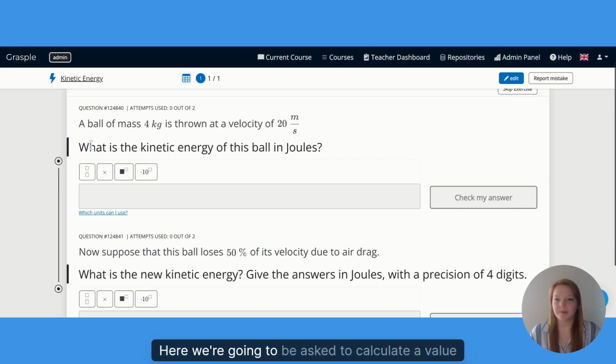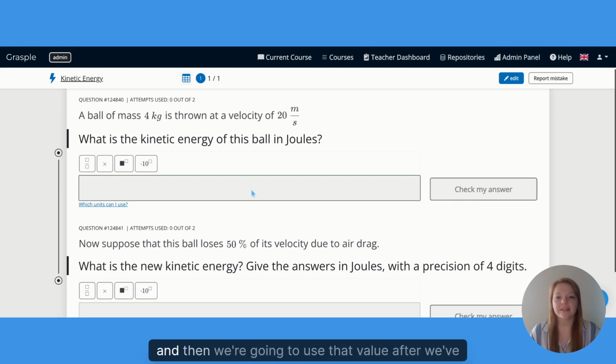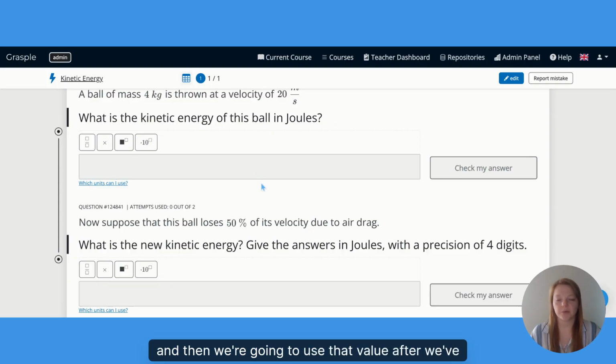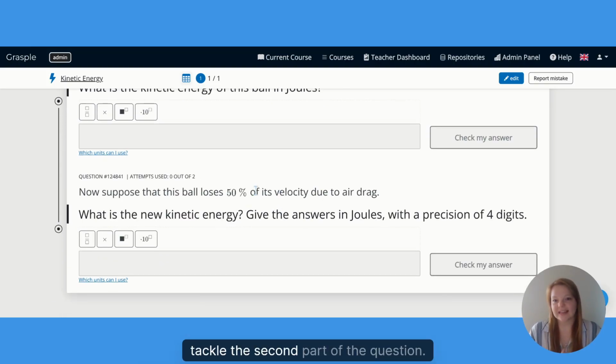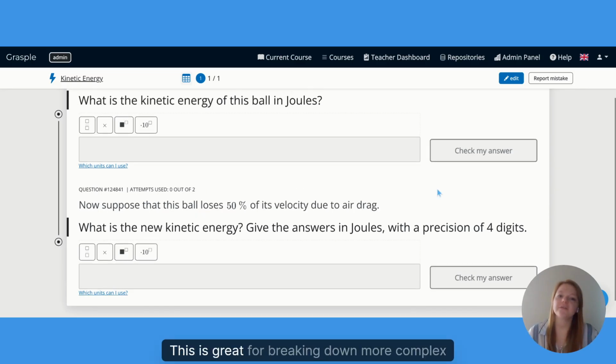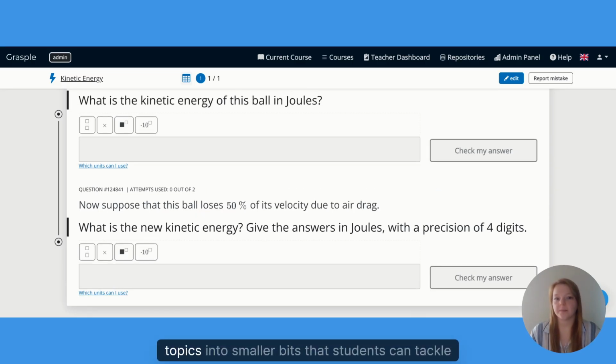So here we're going to be asked to calculate a value, and then we're going to use that value, after we've been told whether it's right or wrong, to tackle the second part of the question. This is great for breaking down more complex topics into smaller bits that students can tackle more easily in a step-by-step way that allows them to practice step-by-step problem solving.